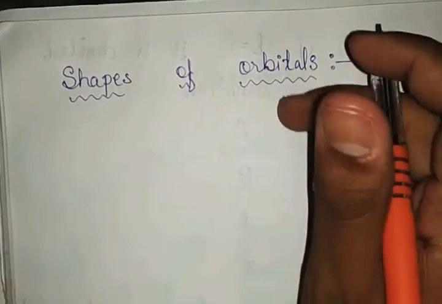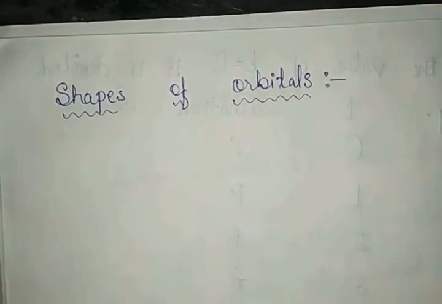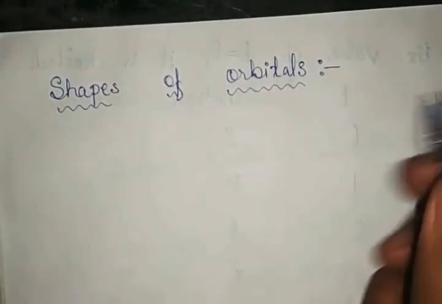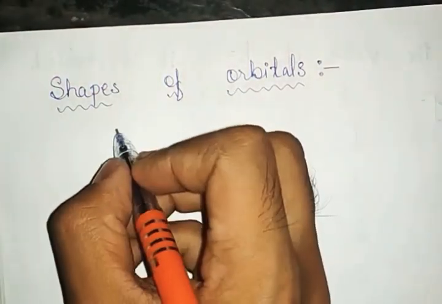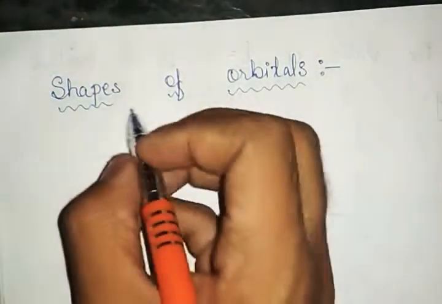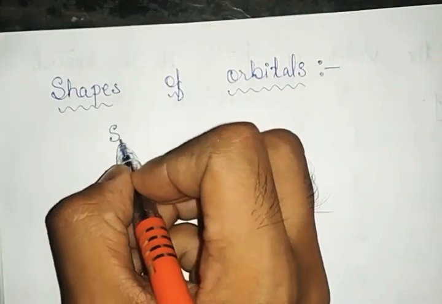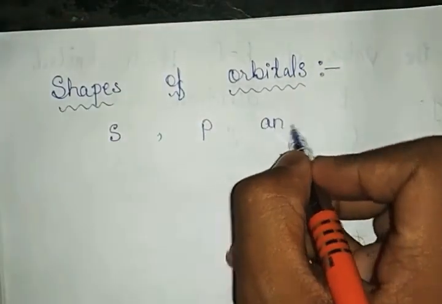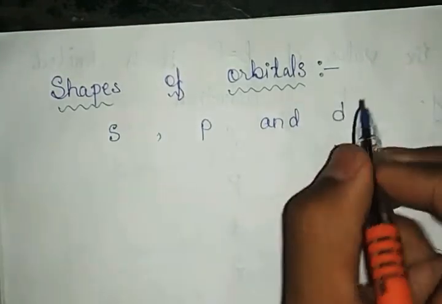Also these subshells, they are known as orbitals. Okay. Subshells are known as orbitals. Then what were the subshells that we have got? The denotation. How they were denoted? They were denoted by S, they were denoted by P, and they were denoted by D. Till now up to D it's okay.